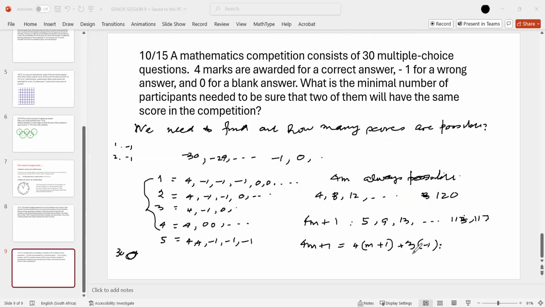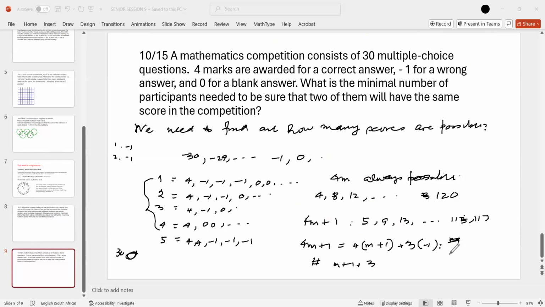So here, in this case, you got m plus 1 4s, and you got 3 negative 1s.